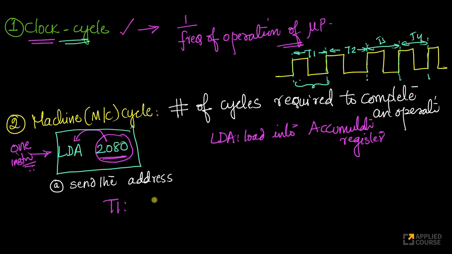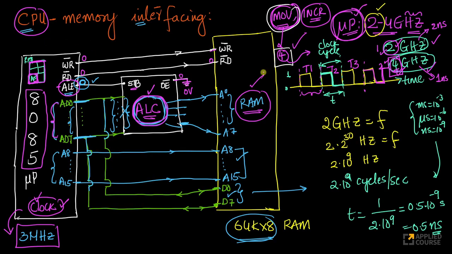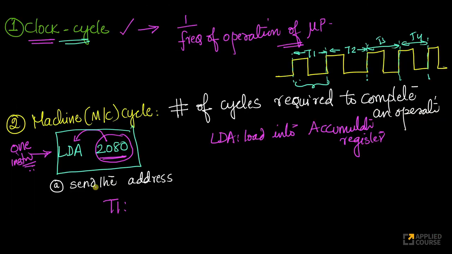So what do we do now? We send the address first to the interface. Only then can I get the data from that address. So in the first clock cycle, T1, I send the address. How do I send the address? Very simple. I set the ALE to 1.